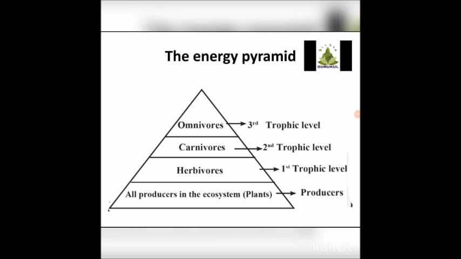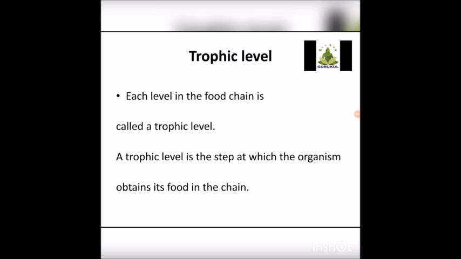After that, we have the herbivorous animals. After that, we have carnivores, and the topmost level is occupied by the omnivorous animals. Omnivorous animals are the animals which consume plants and also carnivorous or other animals.